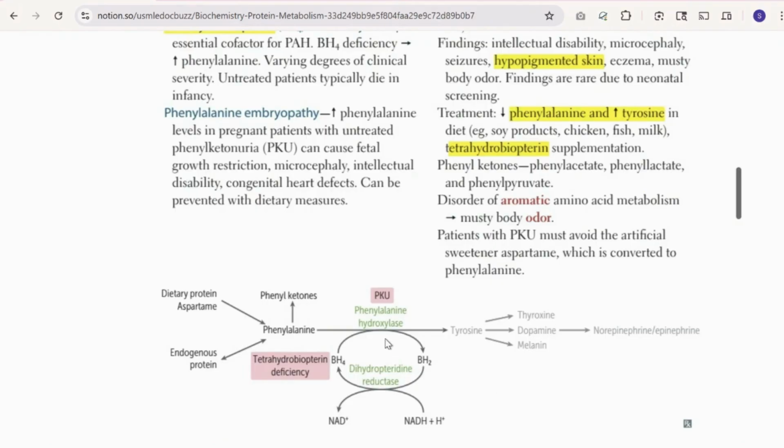So what ends up happening is you take this phenylalanine and it just sits there, and eventually it ends up making ketones. What are the names of those ketones? Phenylacetate, phenyllactate, phenylpyruvate. Phenyl group is just a benzene ring with a methyl group on it. But what are they going to lead to? High anion gap metabolic acidosis.